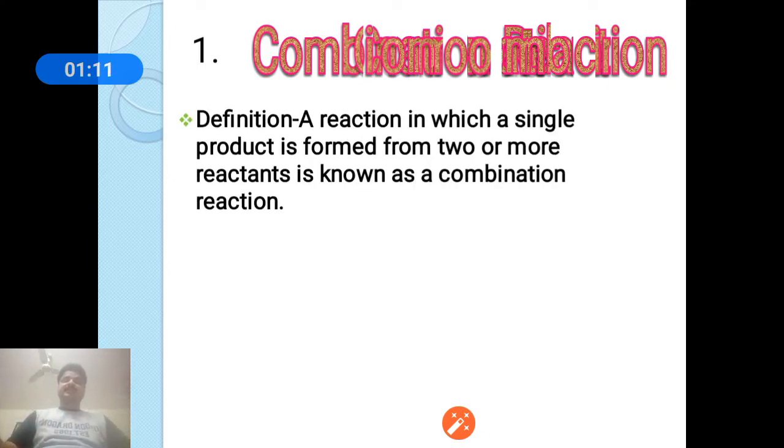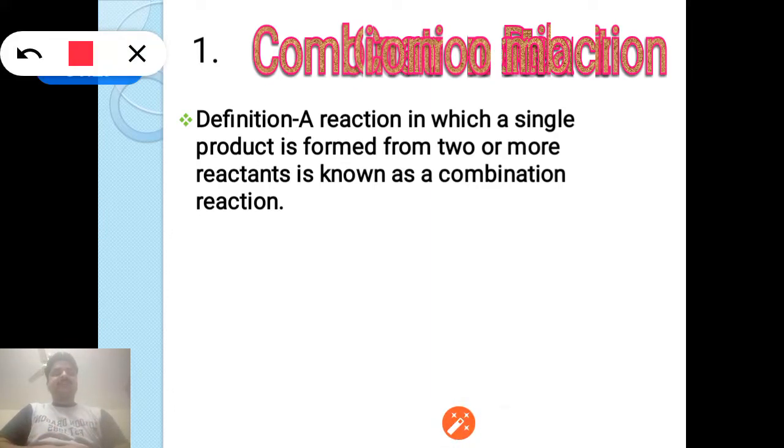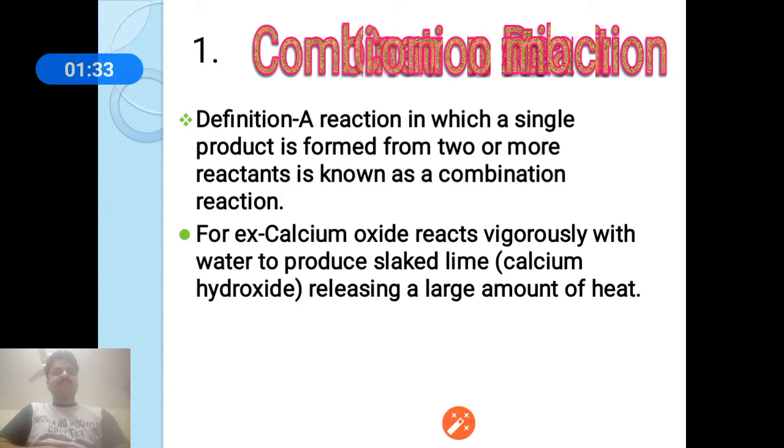Combination means, as the name suggests, combining something. So a combination reaction means a reaction in which a single product is formed from two or more reactants. You have more than one reactant and a single product is formed.